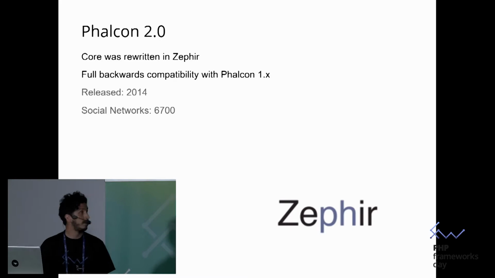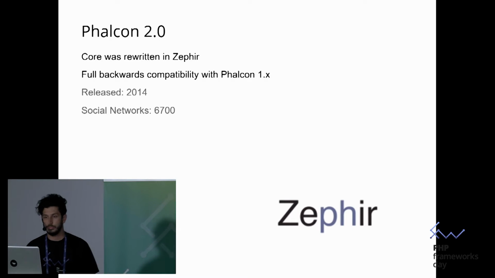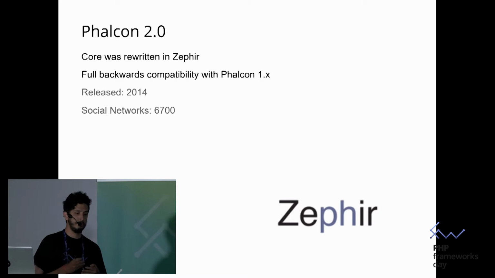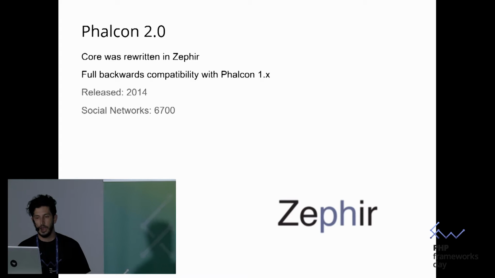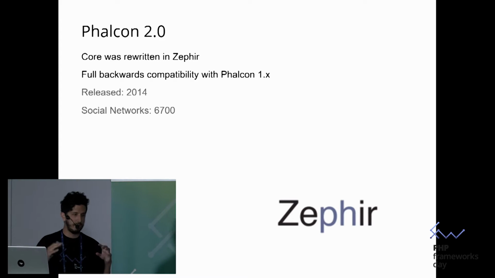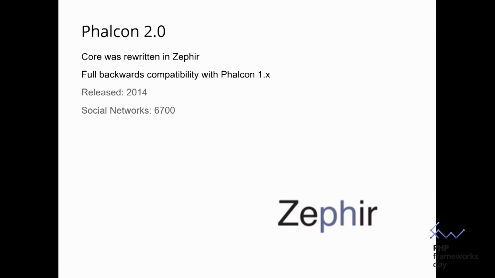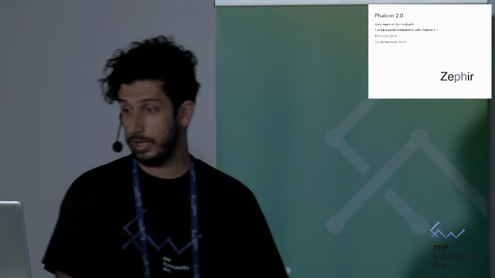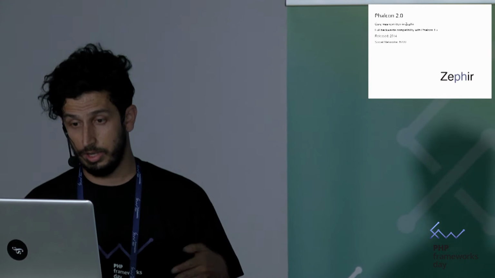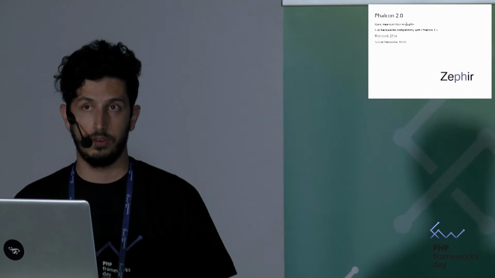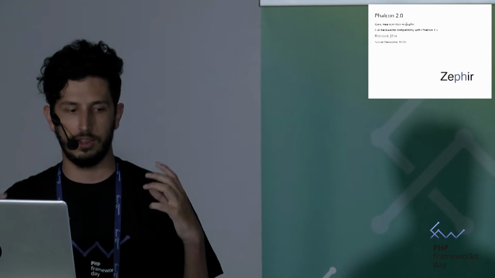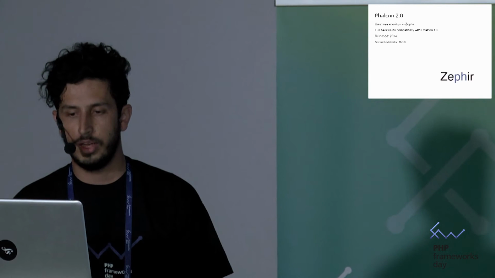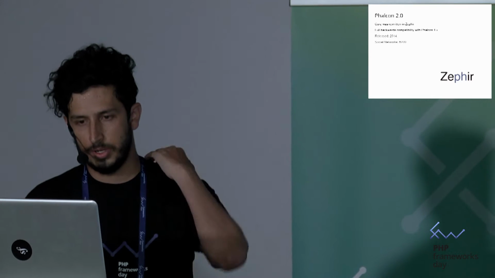Okay, so the next year in 2014, as I mentioned before, we had many problems because the C language was too unfriendly, and there was a complexity in the whole code base. Many developers really wanted to help us, but they couldn't because they didn't know C, and even if they did know C, they didn't have that expertise to create a C extension for PHP.